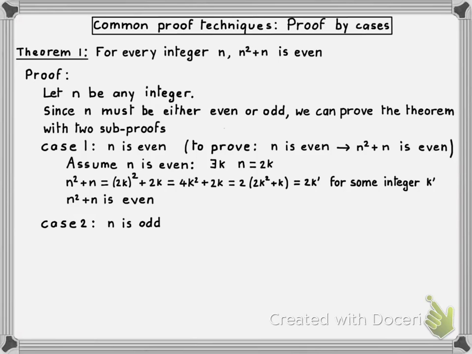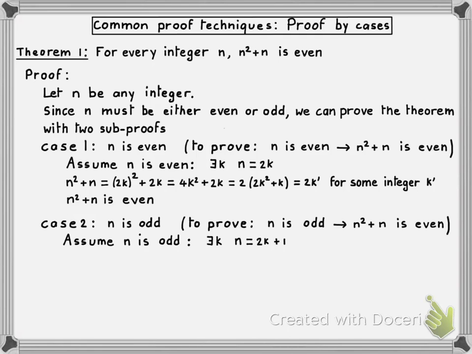So let's start the proof for case 2 where n is odd. Remember, what we are trying to prove in this second case is that if n is odd, then n squared plus n is even, which is our top level theorem here. So let's go ahead and assume that n is odd. Therefore, there exists an integer k such that n is equal to 2k plus 1.